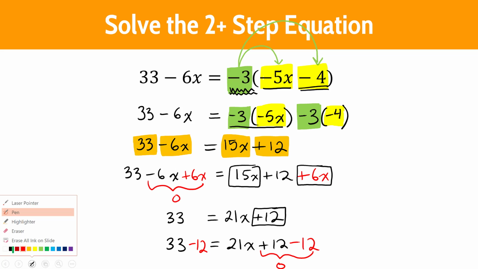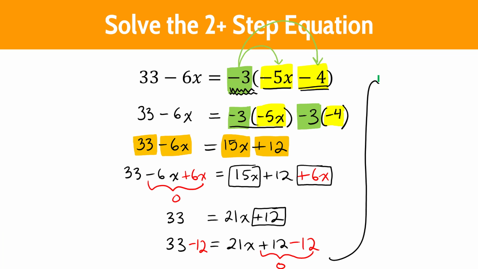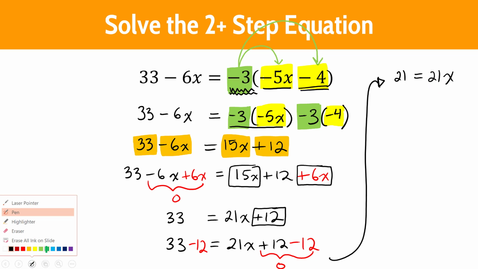So let's keep going. We would get 21 is equal to 21x. The only thing left on the right-hand side, next to the x, is a factor of 21.